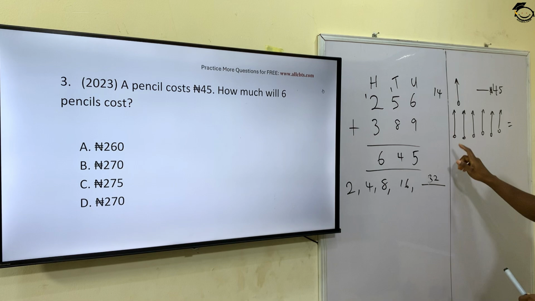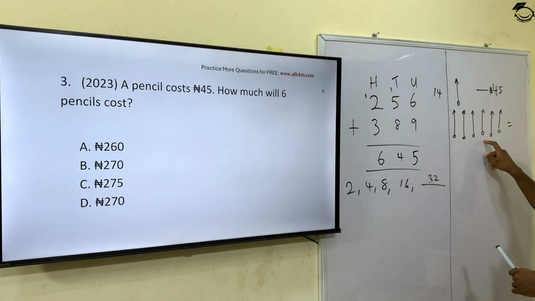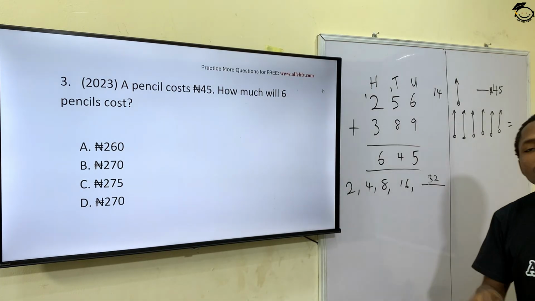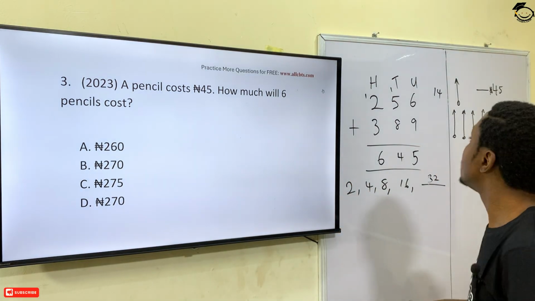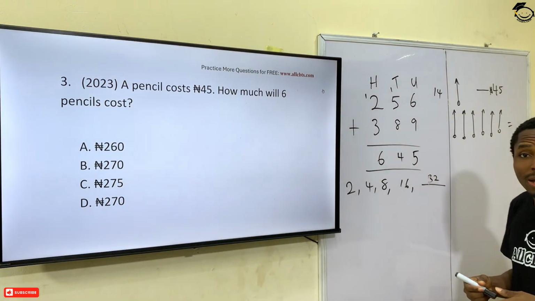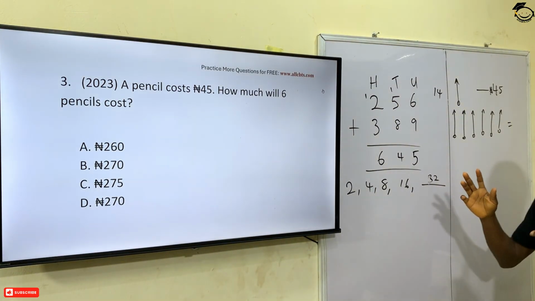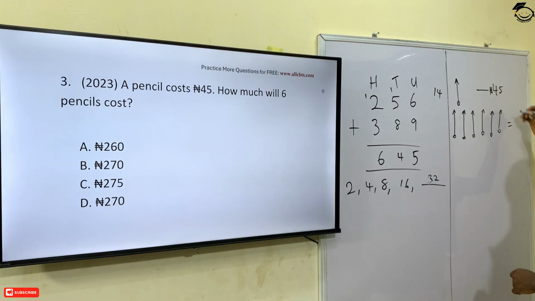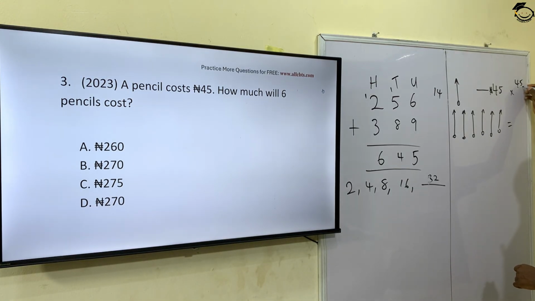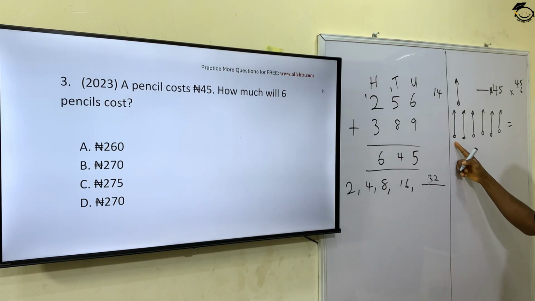That's 45 plus 45 plus 45 plus 45 plus 45 plus 45, or if you like, 45 in 6 places. Because I know what I'm doing, I don't need to start adding 45 plus 45. I will just say 45 times 6, because 45 is the price for one and now we have 6 pencils.